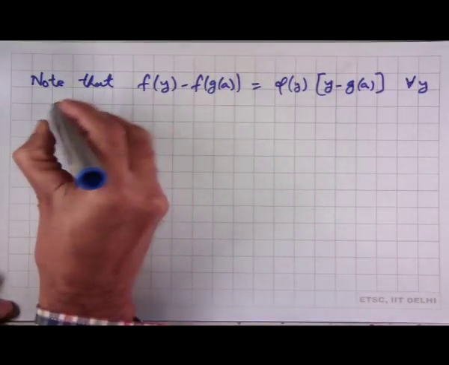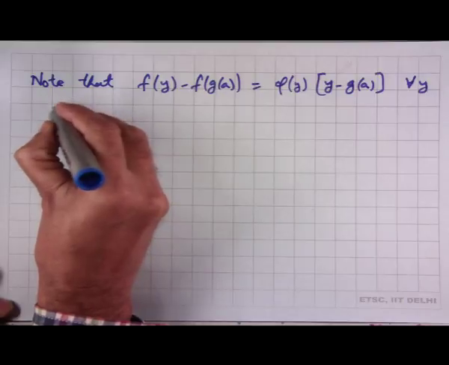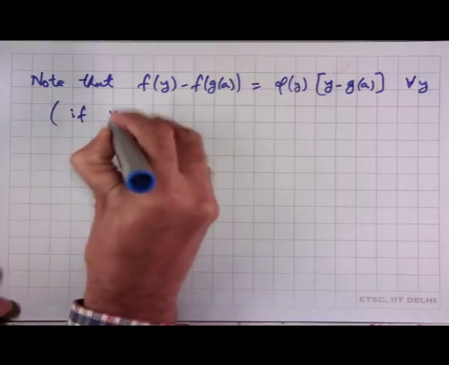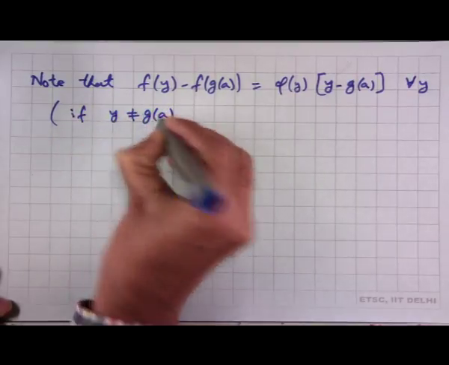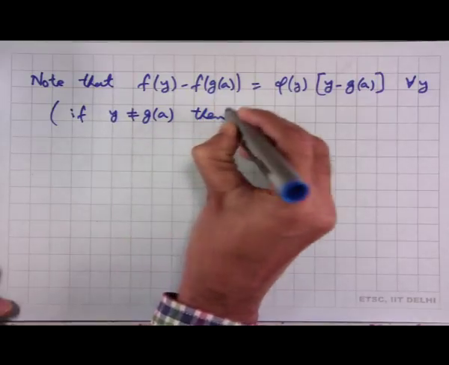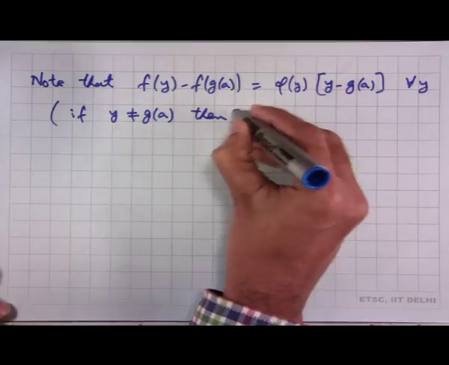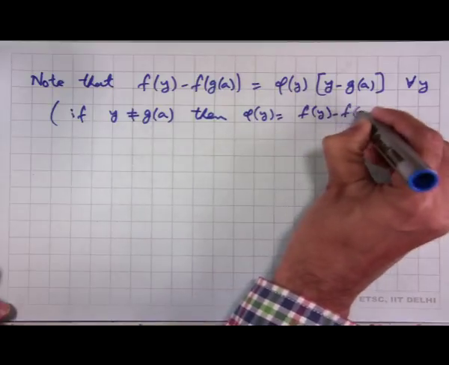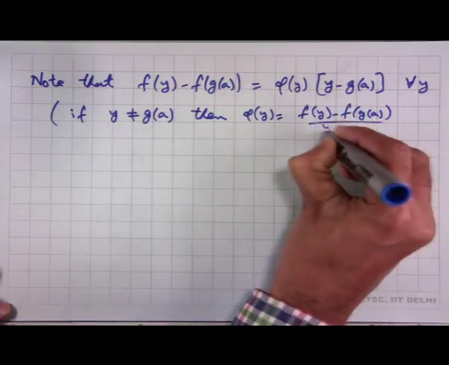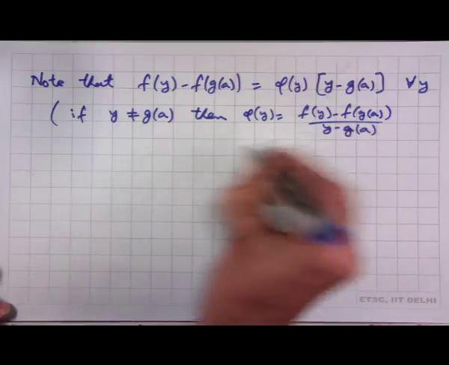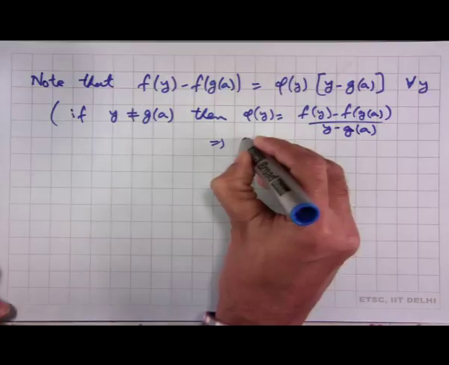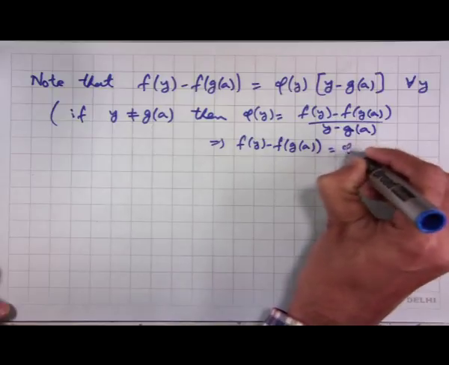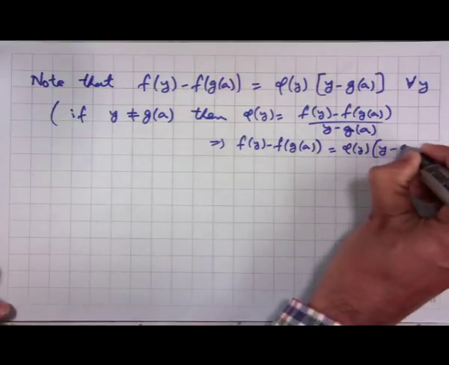So, if y is not equal to g(a), then we know that phi of y is equal to [f(y) - f(g(a))] divided by [y - g(a)], and therefore, by multiplying by y - g(a), f(y) - f(g(a)) is equal to phi of y times [y - g(a)].